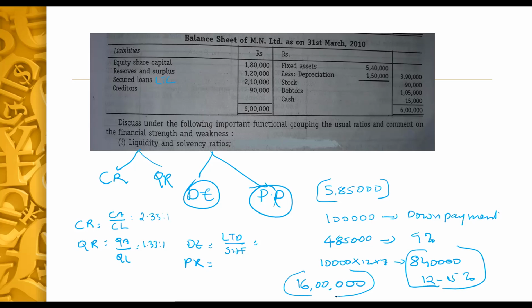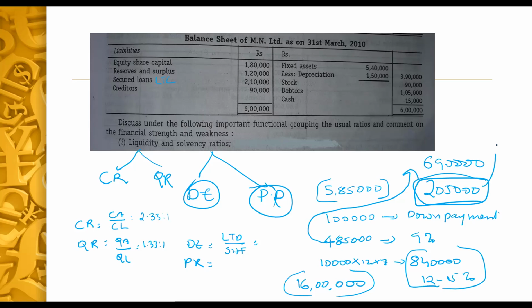16 lakhs. And this 4,85,000, including interest, by the time I finish paying in 7 years, will come to about 6,90,000. So how much interest am I paying? 690 minus 485, which I have calculated: 2,05,000 is the amount I have paid as interest.